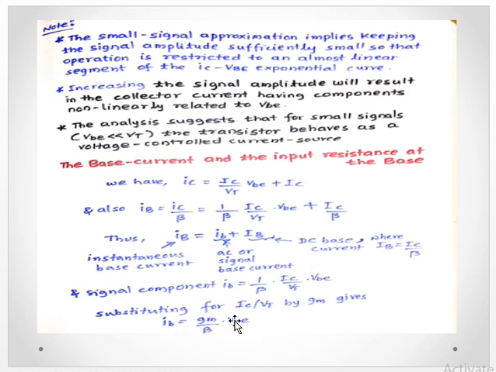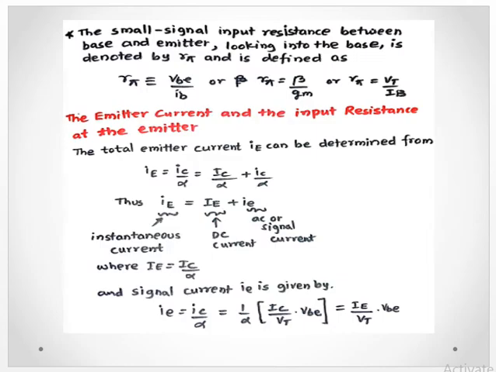So this ratio vbe by ib, we refer to as r pi, the base resistance or input resistance. What is r pi? The small signal input resistance between base and emitter, looking into the base, is denoted by the notation r pi. So it is the input resistance between the base and emitter terminals.